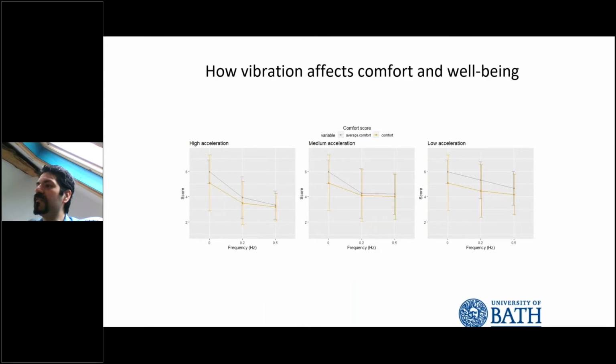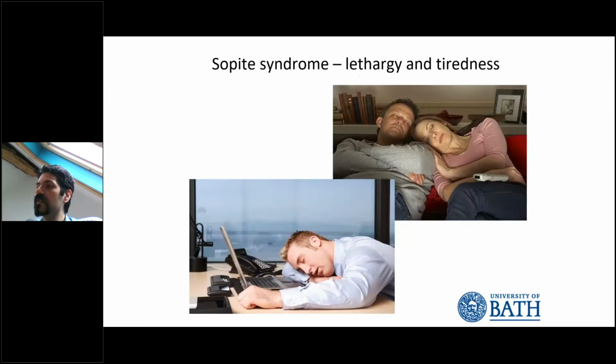Also, we now have evidence that vibration can affect the well-being of people in these conditions, which is quite interesting to quantify. Another aspect of building sway is that low frequency sway of buildings due to wind may cause us to become lethargic and tired.